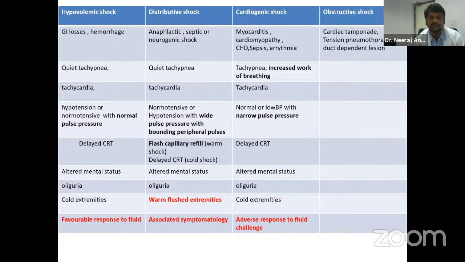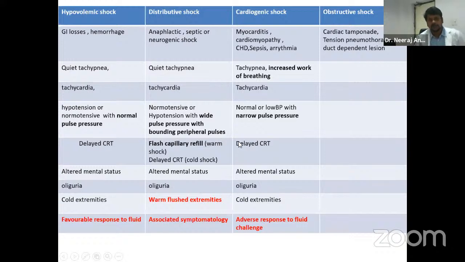Or if there is a history of trauma to the spinal cord, then the patient might be in neurogenic shock. If the patient has a history of congenital heart disease, or history, examination, and investigation suggestive of cardiomyopathy or arrhythmias, then the patient might be in cardiogenic shock. If history and examination are suggestive of tension pneumothorax, cardiac tamponade, or duct dependent lesion, then the patient will be in obstructive shock.